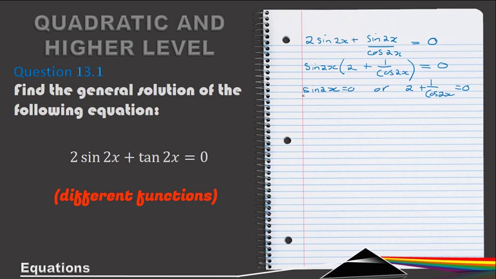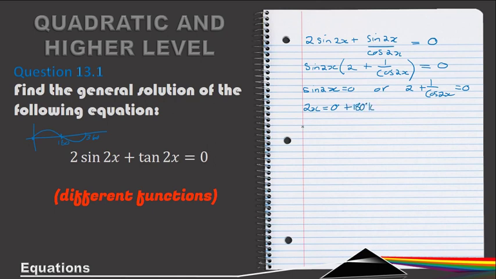Now let's start with sine 2x equals 0. If I look at my sine graph, it's 0 at 0, then once again it's 0 at 180, then it's 0 at 360. So to solve for the reference angle, we've got 2x is equal to 0 degrees, because it's 0 at 0 degrees, and then every 180, plus 180k, that's the period.